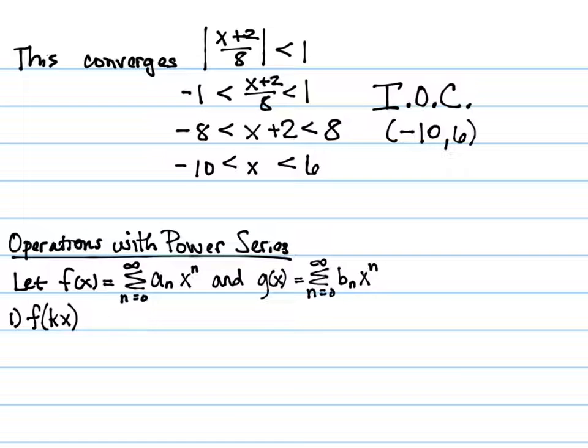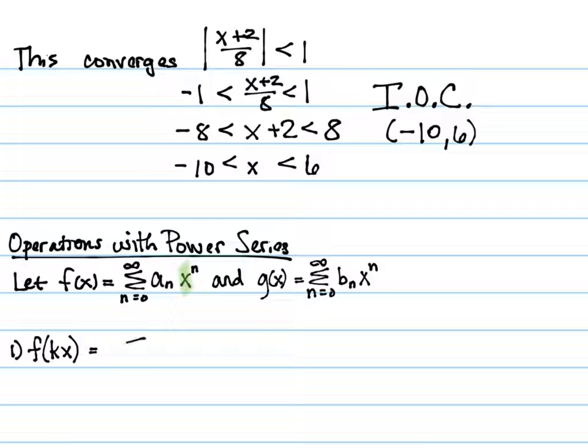If you multiply k times x, you're going to be evaluating our function where it says x with kx. So you're just replacing the x with the kx. So we're at f, so this one right here. This x gets replaced with kx.